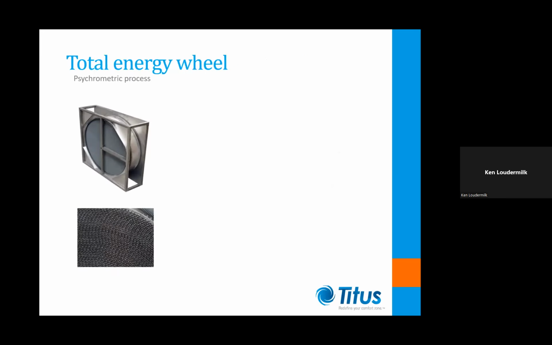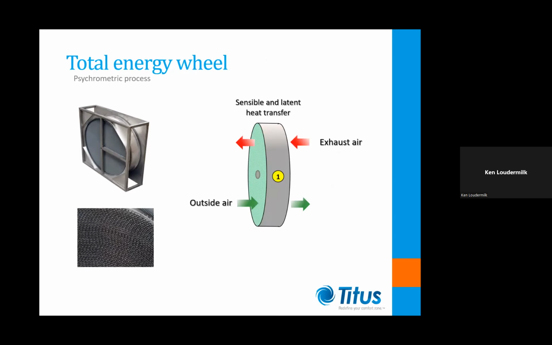The wheel's membranes are coated with some type of desiccant media like alumina or molecular sieves. These are referred to as hygroscopic coatings. The coatings have inherent properties that allow them to transfer both sensible heat and moisture from one airstream to the other. Supply air passes through one sector of the wheel, while the exhaust air passes through the other sector.